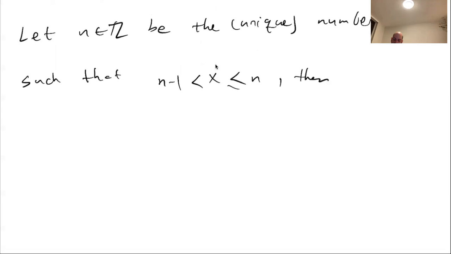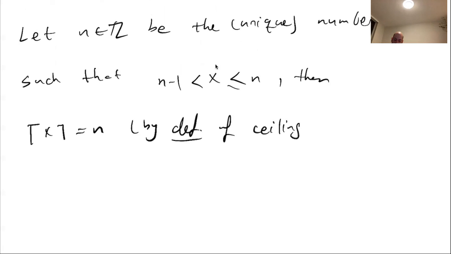Then the ceiling of x would be equal to n by the definition of ceiling, right? That was exactly the definition of ceiling, that if x is between n and n minus 1, then the ceiling would be defined as n.